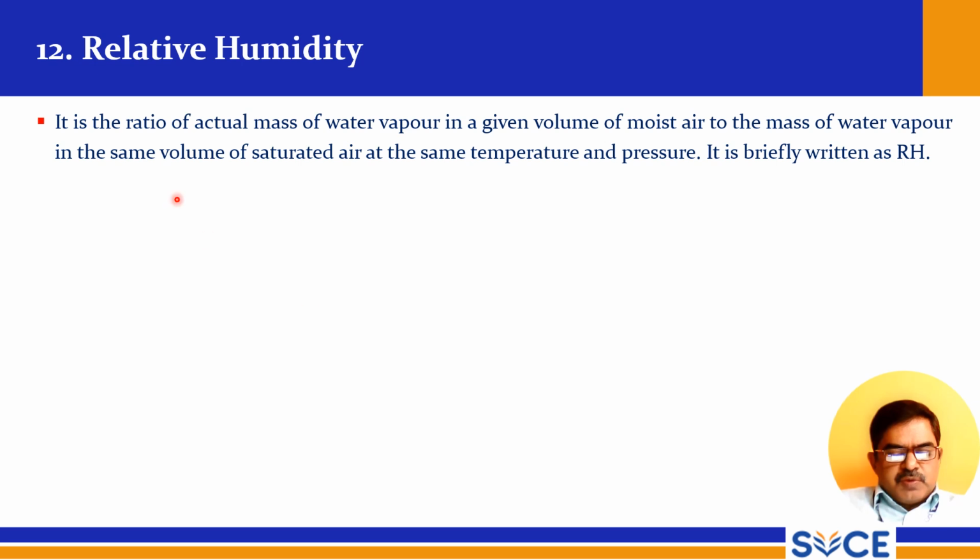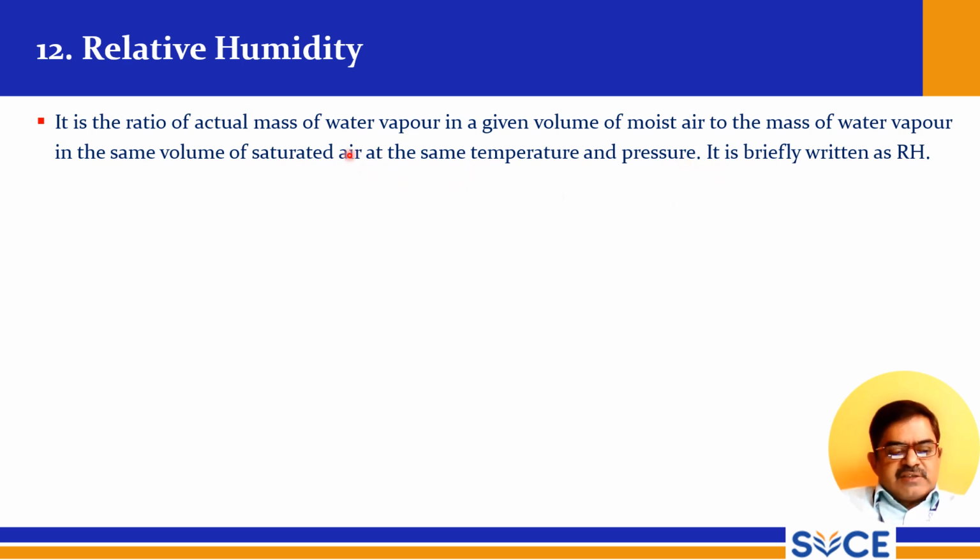So relative humidity is the ratio of actual mass of water vapor in a given volume of moist air to the mass of water vapor in the same volume of saturated air at the same temperature and pressure.